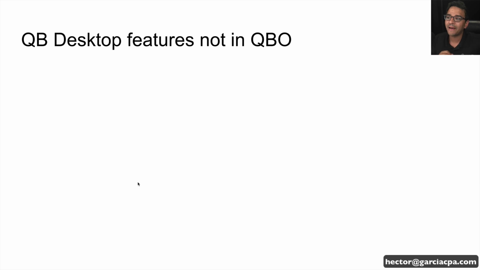Okay, so now I'm going to put my hat on where I'm going to convince you that QuickBooks Desktop is better than QuickBooks Online, right? I'm going to play the devil's advocate here and try to convince you that Desktop is better. So number one, the ability to do historical backups. I would say that's my number one pet peeve, not being able to do historical backups in QuickBooks Online. I hate that because I like to create a historical backup and play with it. I like to make a historical backup so I can train my client in a duplicate.